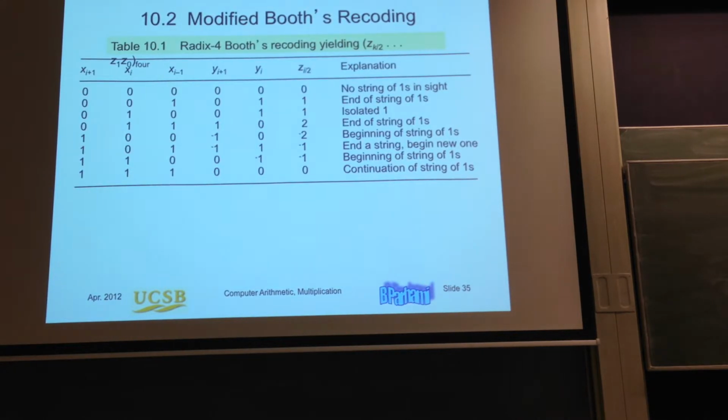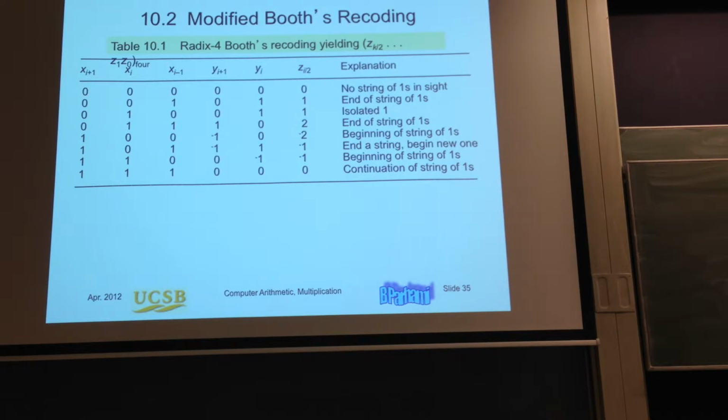What else can I do? I can try now to diminish the number of rows and combine that with Booth recoding. Then I am rewriting the number based on the same principle in such a way that I will never get 3a.